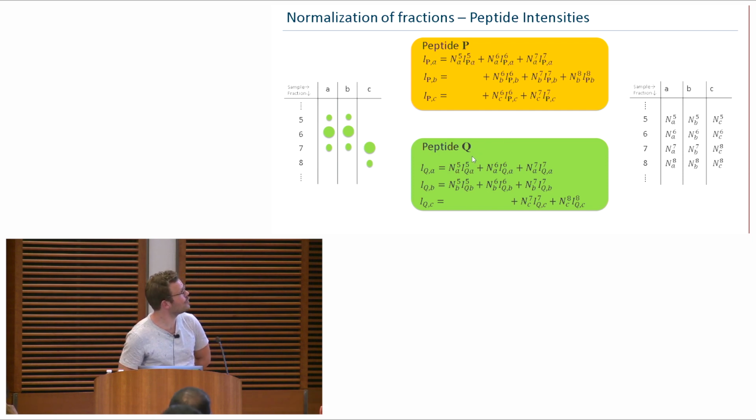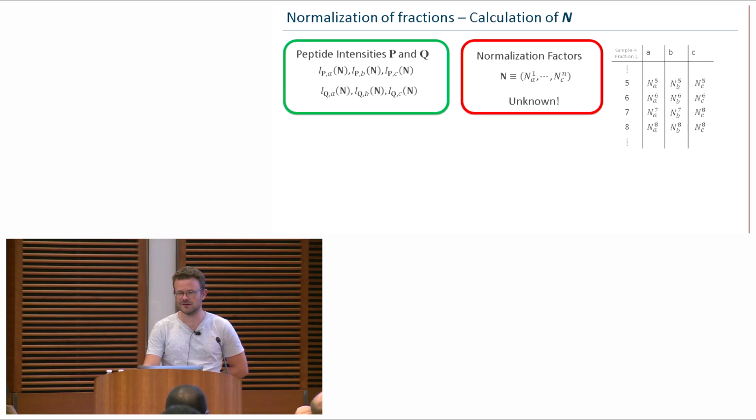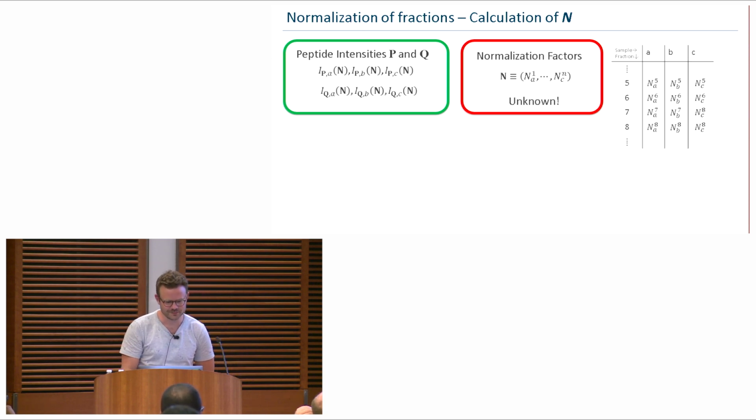And we would use, of course, the same normalization factors as for peptide P, which we still don't know, right? It's always nice when you have a formula, but you have to solve it. Okay, so that's the problem.